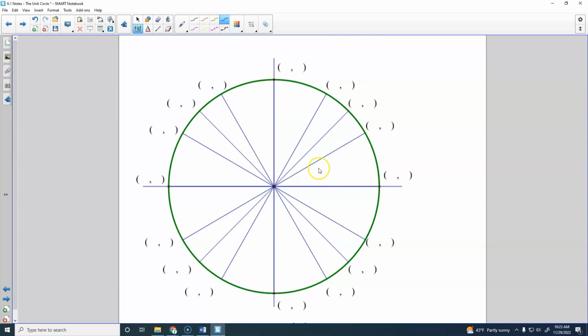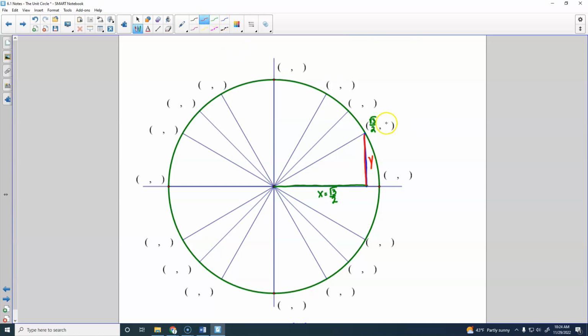I want us to think about 30 degrees, because it's easy to think about right here. So let's think about that triangle again. This is my x, this is my y. We said that my x was square root of 3 over 2, so this side is square root of 3 over 2.